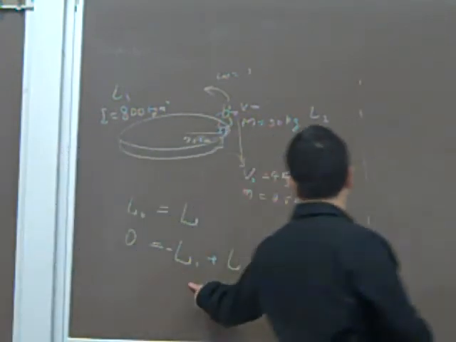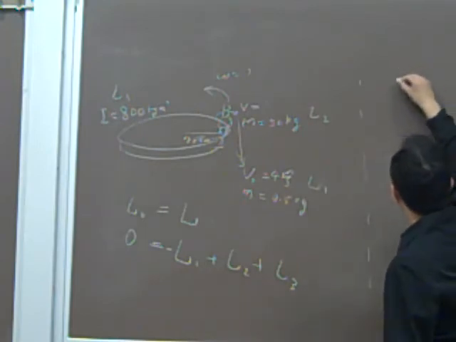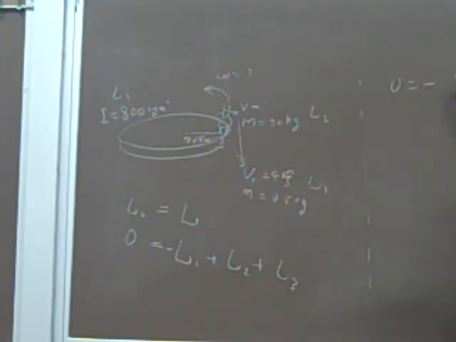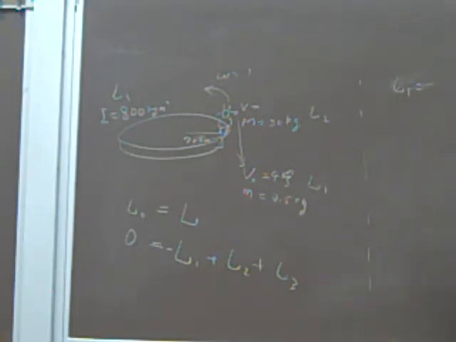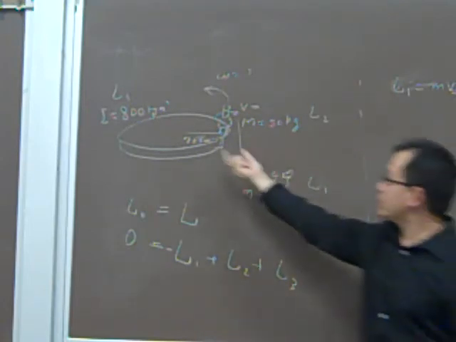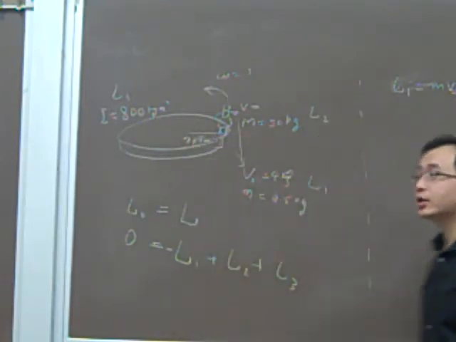So I think the best one is m v r perpendicular. m is the mass given, v0 is given, and r perpendicular in this case should be the same as r, the radius.